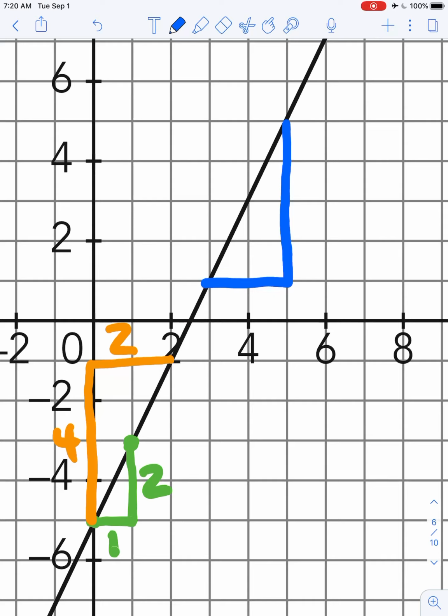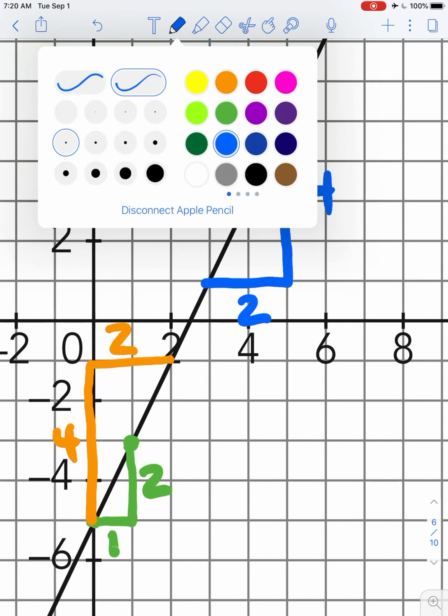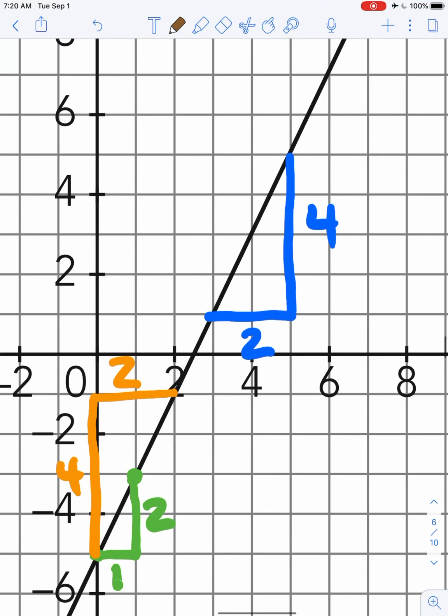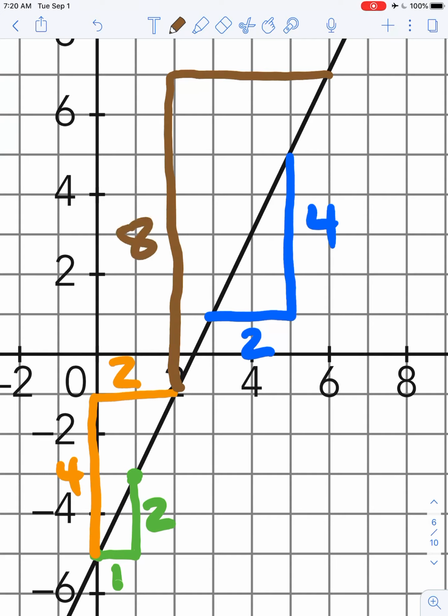That's up 1, 2, 3, 4 and over 2. I could have used, I'll use brown, this point up here and this point all the way down there. So that's 8 and that's over 4.